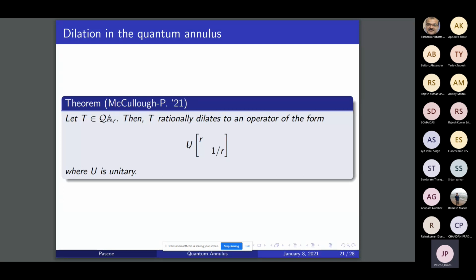But the problem is that this U can mix up the block that has the R part and the 1 over R part, because U need not be block diagonal. The case of the annulus being a spectral set corresponded exactly to when U was block diagonal with respect to this decomposition.